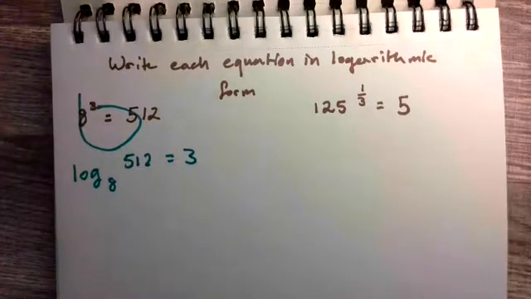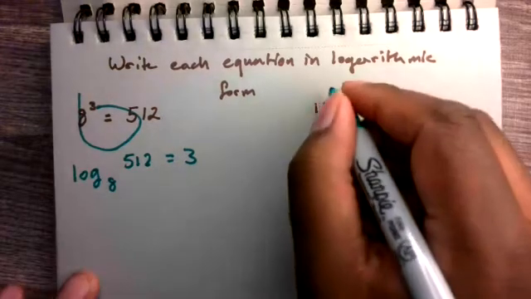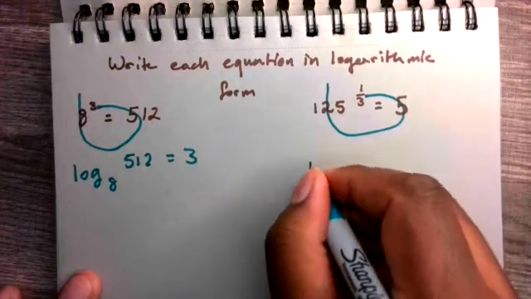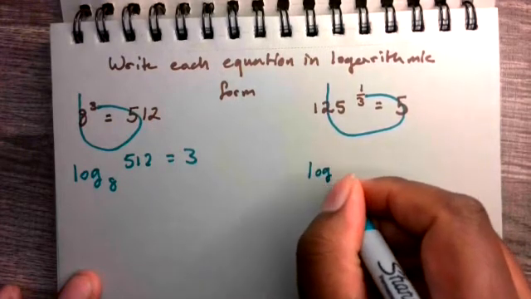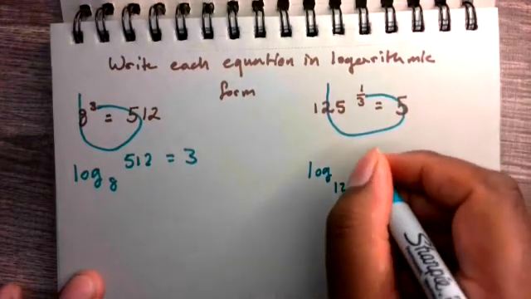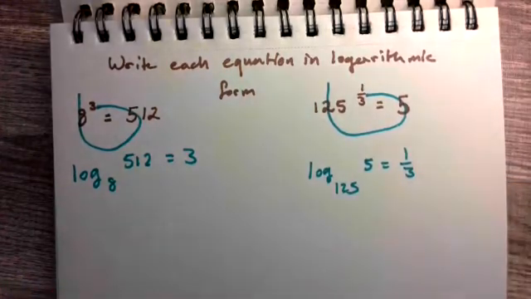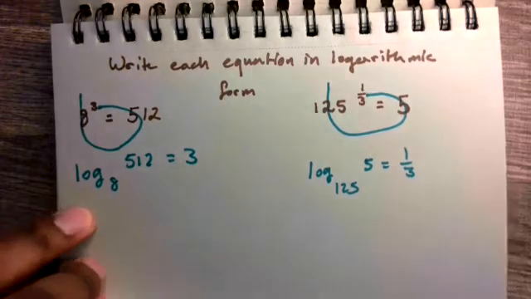In the same way, I can do 125 to the 1/3 equals 5. So it'll be log base 125 of 5 equals 1/3, which makes sense because the third root of 125 is indeed 5.